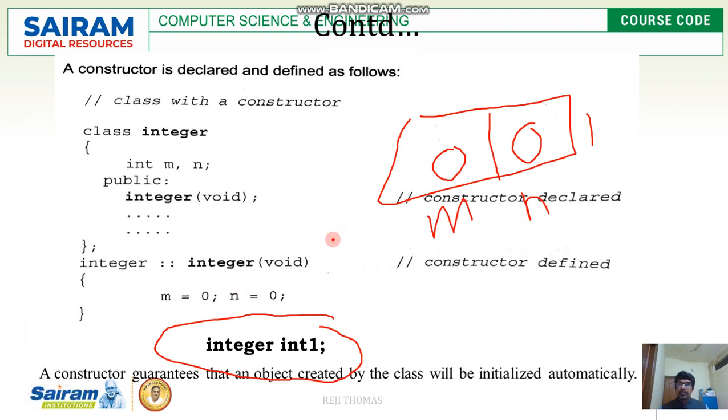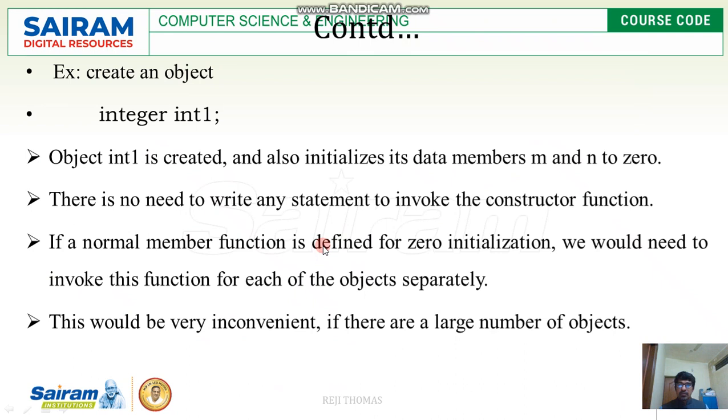Remember this, we need not write any statement to invoke this constructor. If a normal function is defined for zero initialization, we would need to invoke this function for each of the objects separately. That you also have to remember. This should be done for each object.